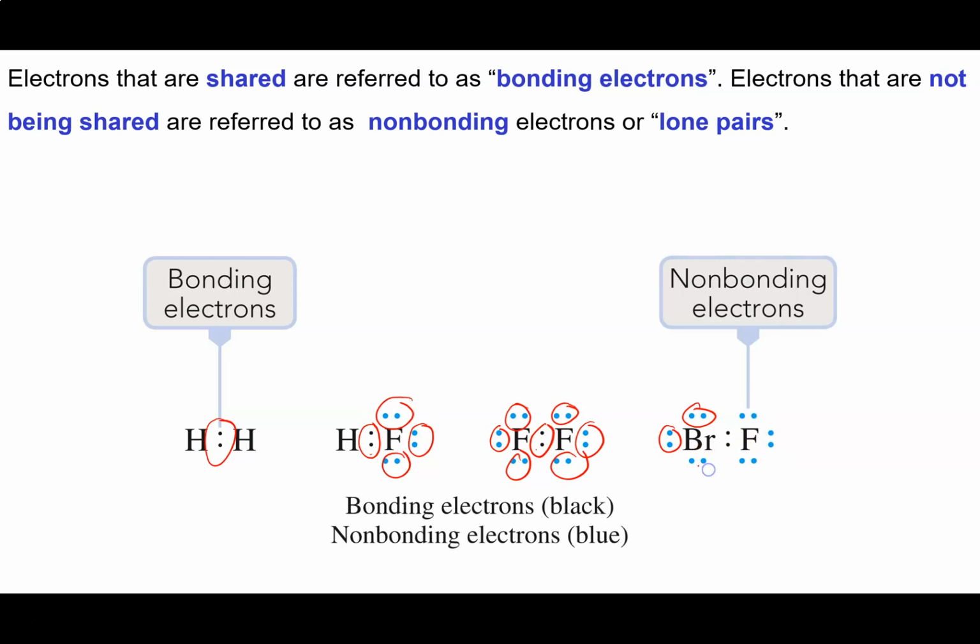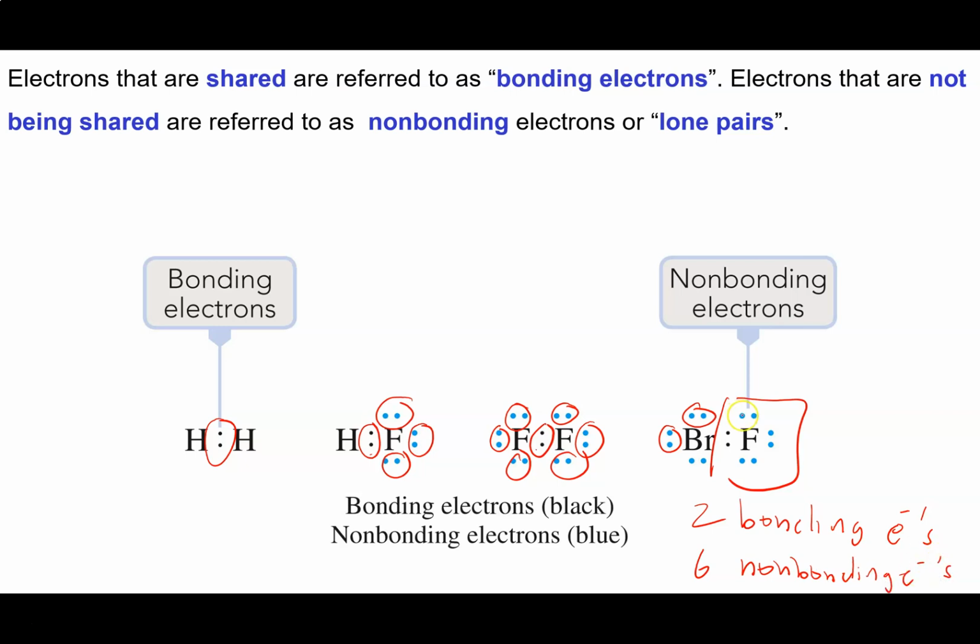So if I look at this fluorine atom over here, it has 2 bonding electrons and it has 6 non-bonding electrons.